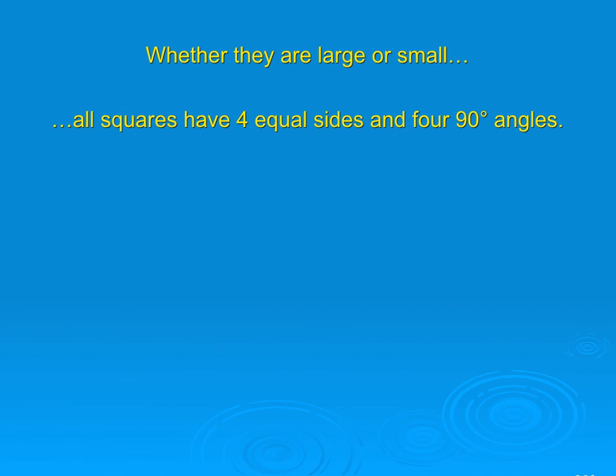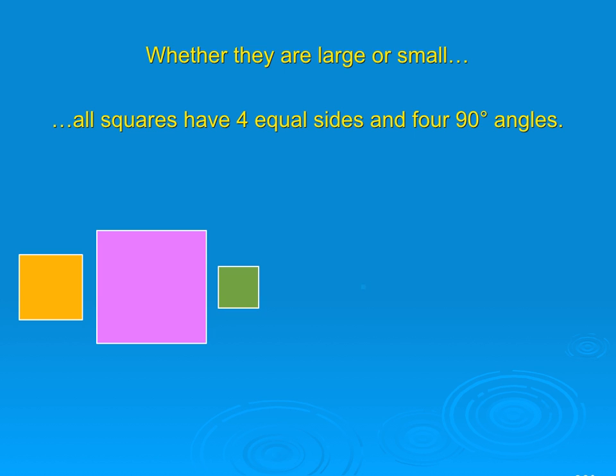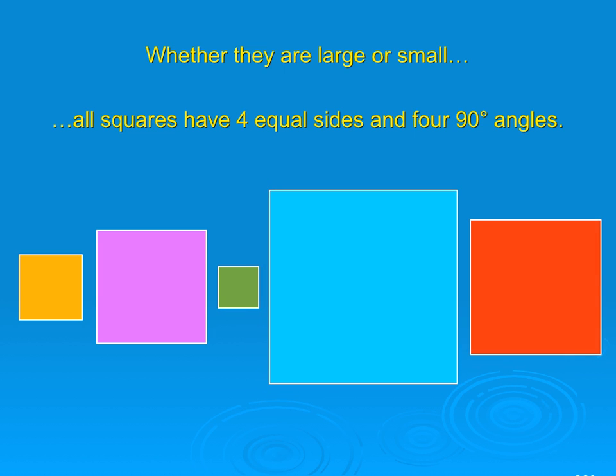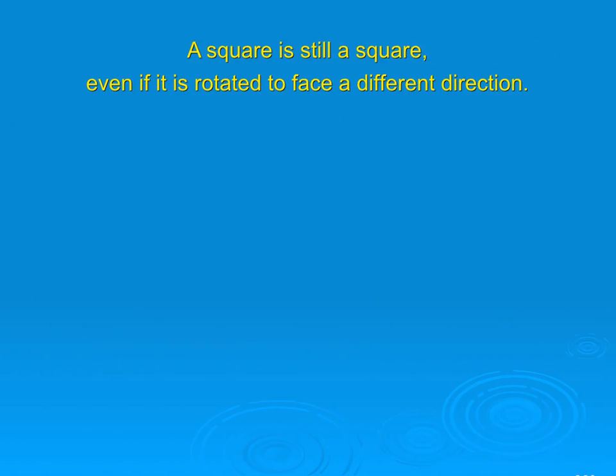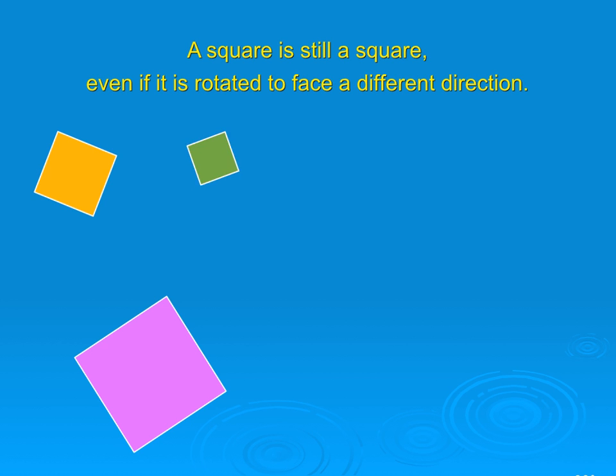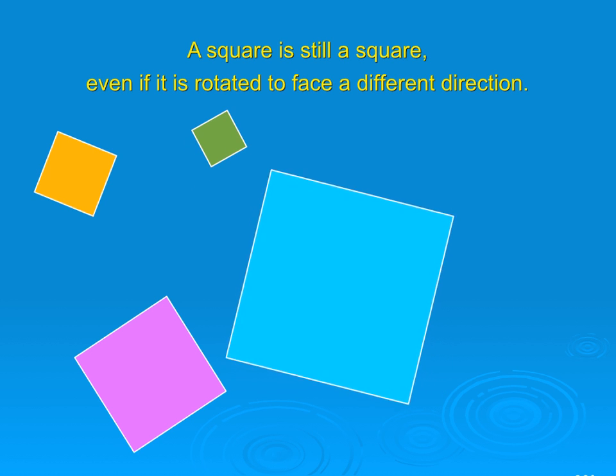Whether they are large or small, all squares have four equal sides and four 90-degree angles. A square is still a square, even if it's rotated to face a different direction. It doesn't have to lie flat.